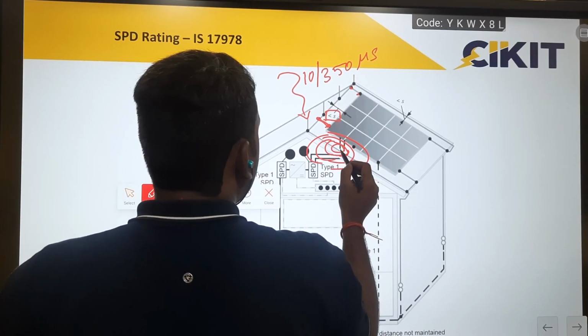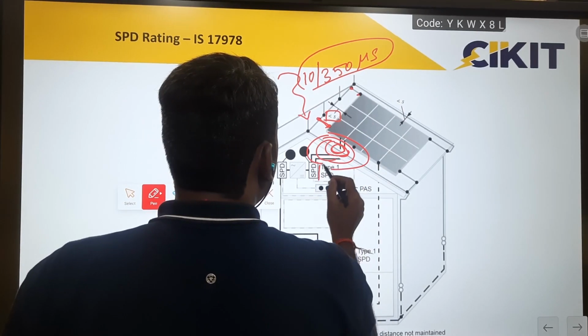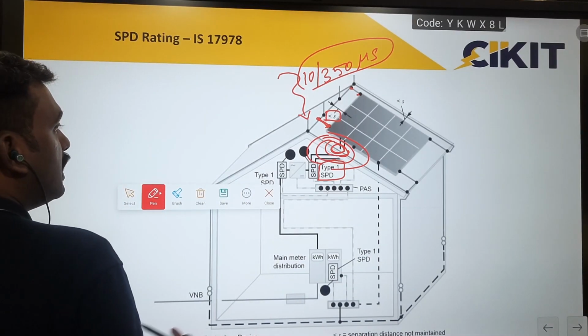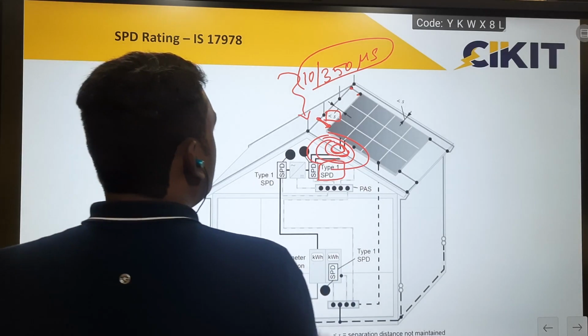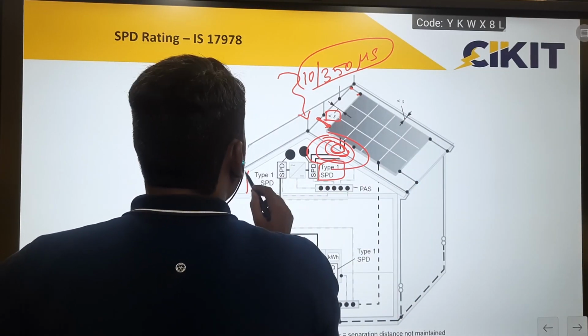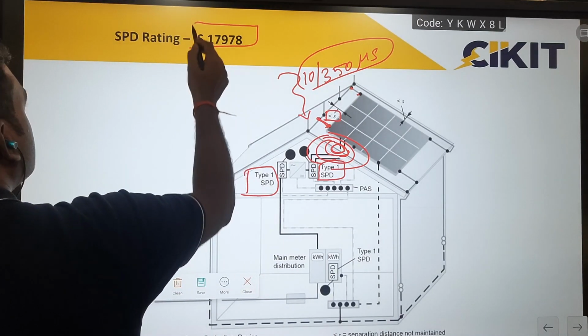So, since this induction is caused by 10 by 350 microseconds, the surge protection devices used also should be able to withstand these 10 by 350 microsecond impulses. So, for that, if we are not providing sufficient spacing, I have to go for type 1 SPD. So, this is the recommendation provided by IS 17978.